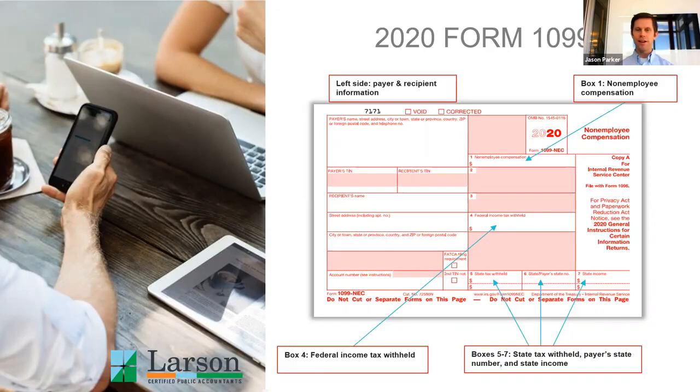You can see there, Box 1 is basically the only box to report a payment. The left side is obviously the payer and recipient information. And then boxes 4 through 7 are for federal or state withholding information. Next slide, please.